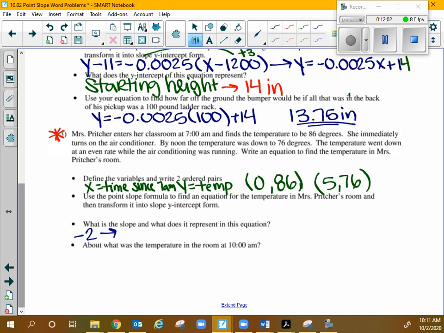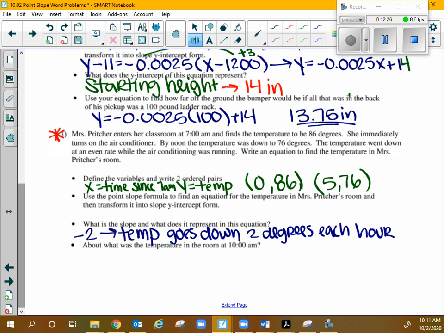The temperature decrease. Temperature goes down. How many degrees? 2 degrees each hour. I probably didn't have to write all of that, but yeah.